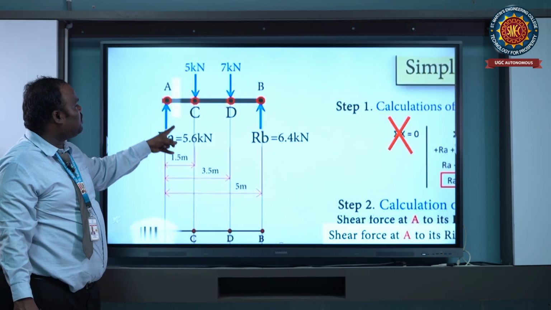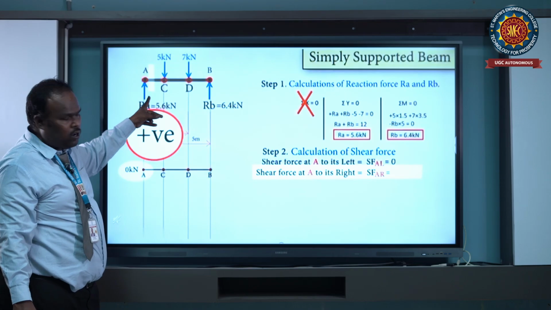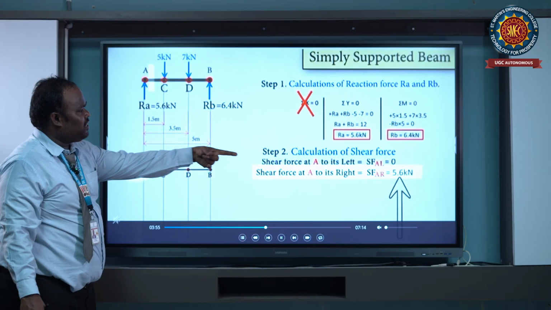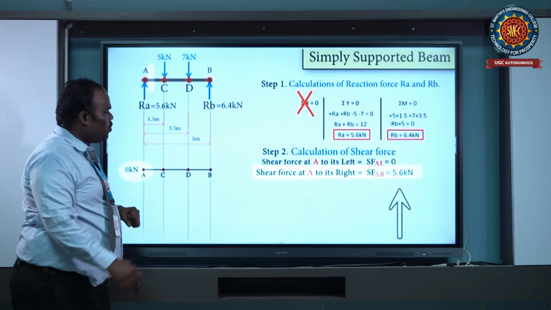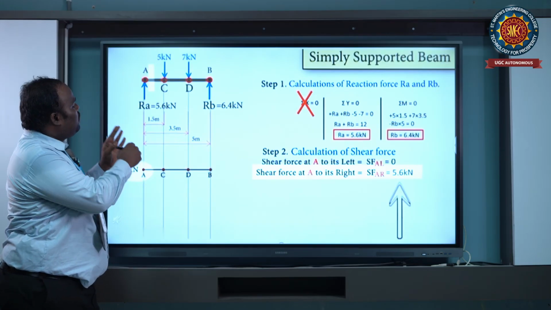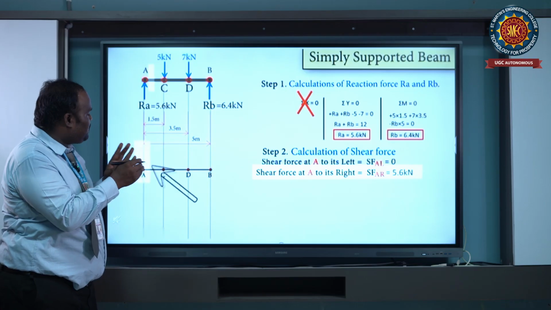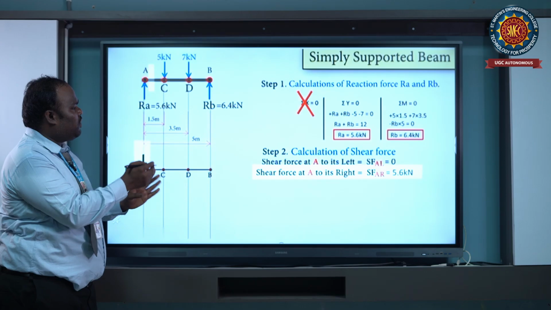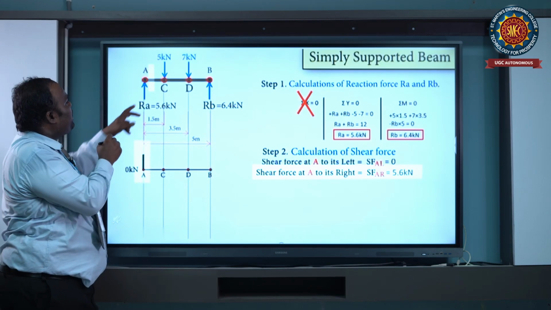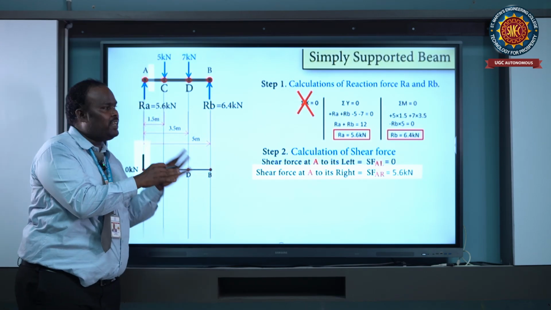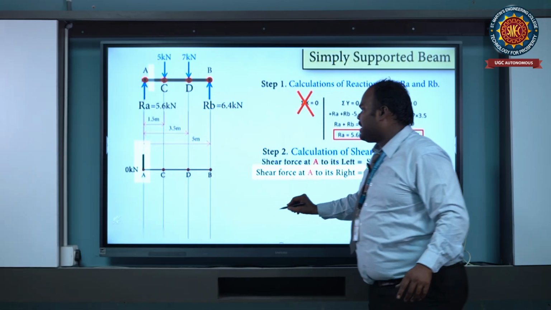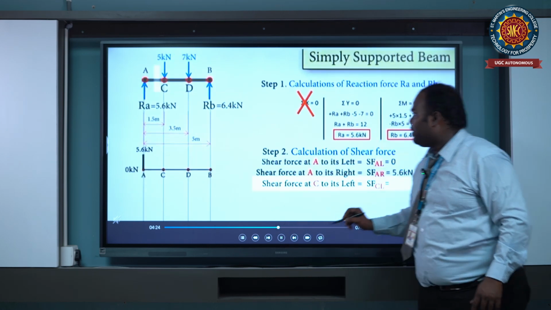The reaction direction is upward, so it will be positive, plus 5.6 kilonewton. Now the shear force at point C to its left: between A and C there is no loading, so it is constant. Therefore, shear force is 5.6 at point C left.